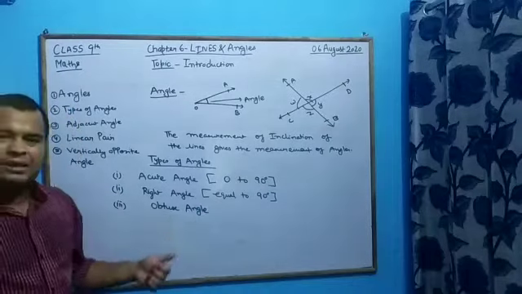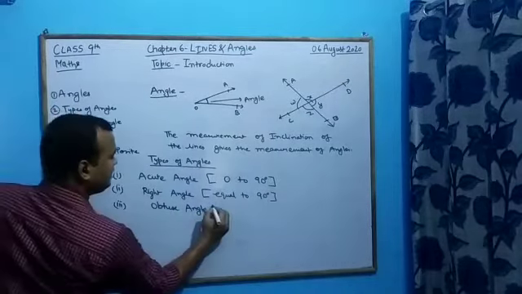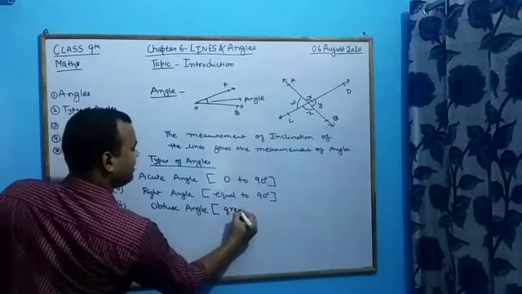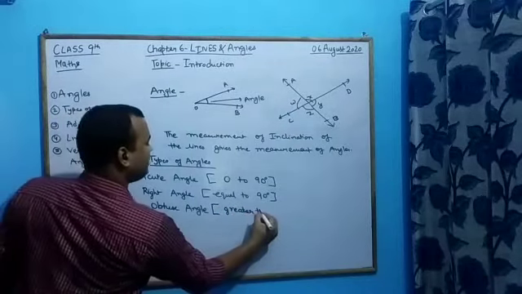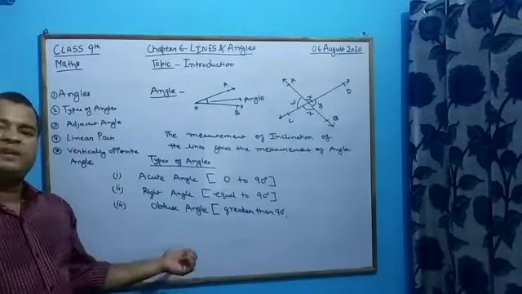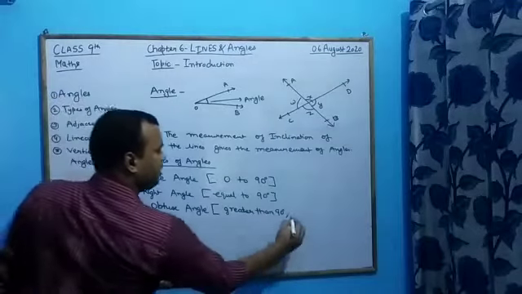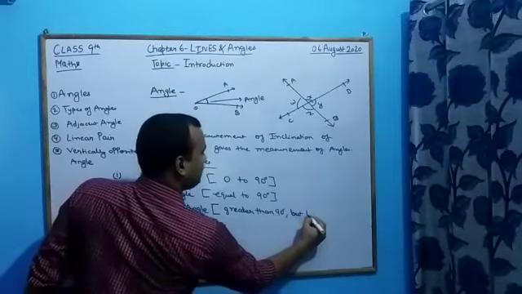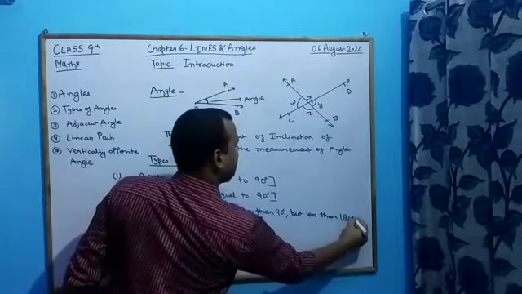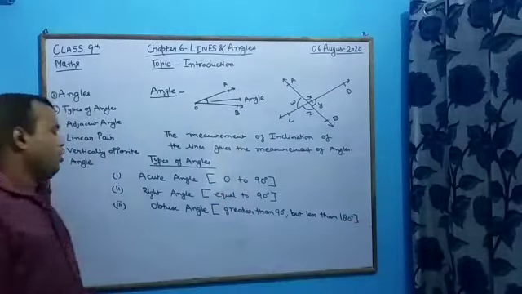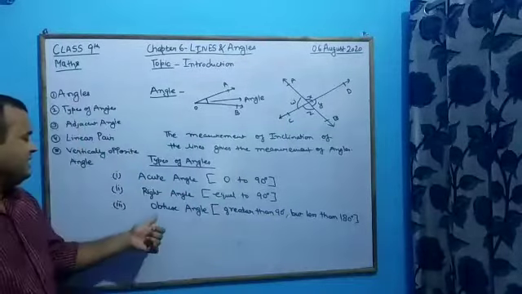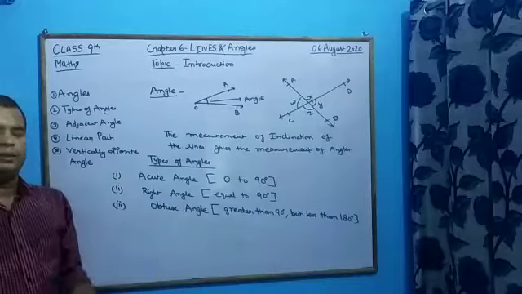What is an obtuse angle? All the angles which are greater than 90 but less than 180 are known as obtuse angles.